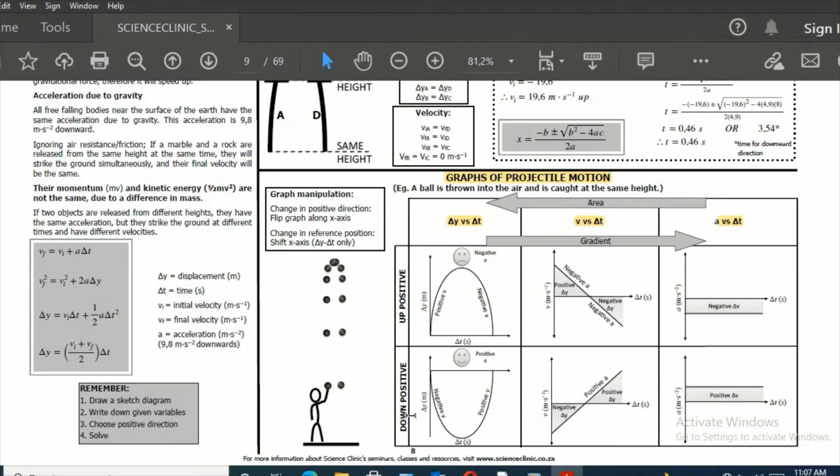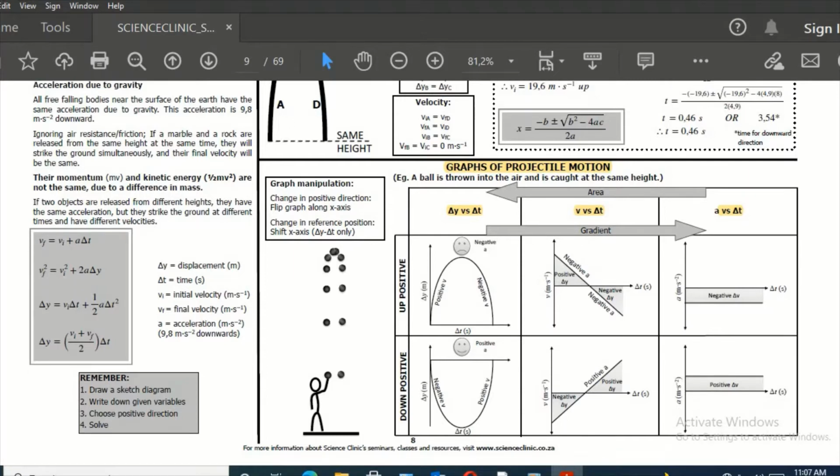But if you select up as negative and down as positive, that 9.8 is going to be above the time axis. Now it is positive. That is something you have to take note of.